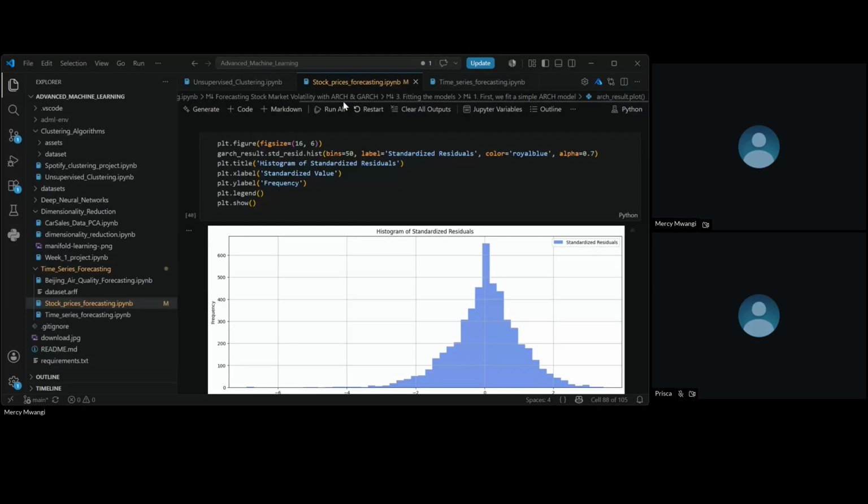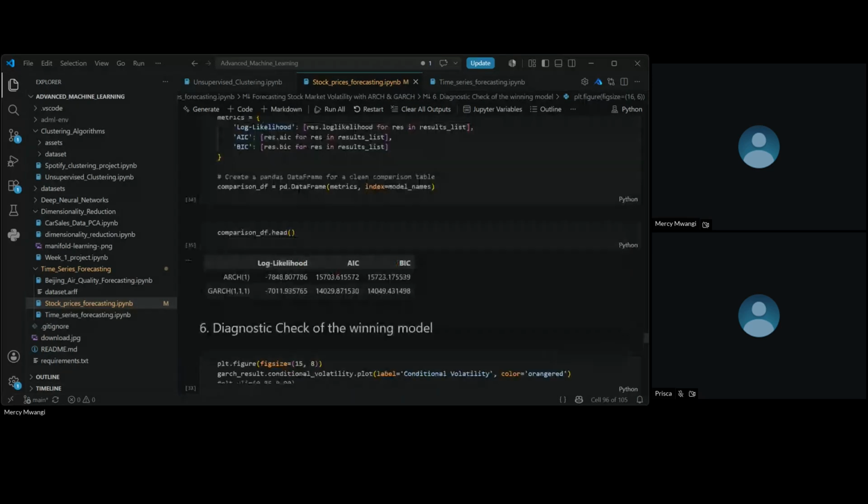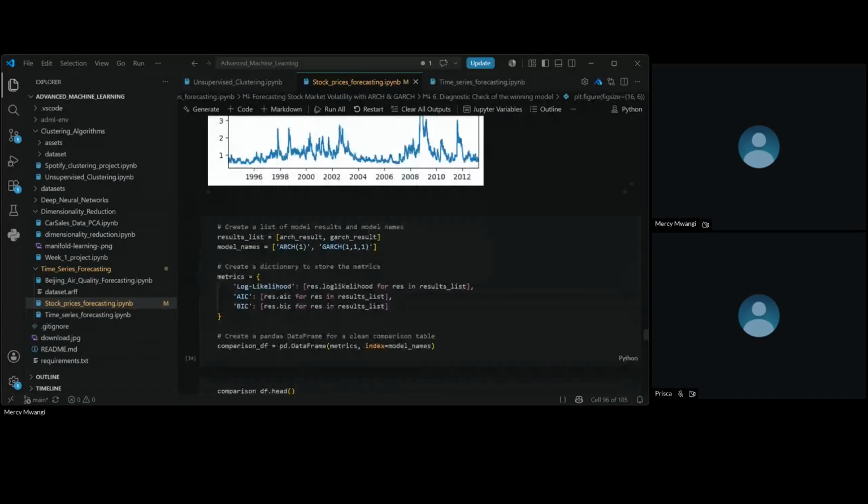Yeah, so this is pretty much what I'm doing. I am checking the standardized residuals for the ARCH model. Remember we said in BIC and AIC, the lower the better.